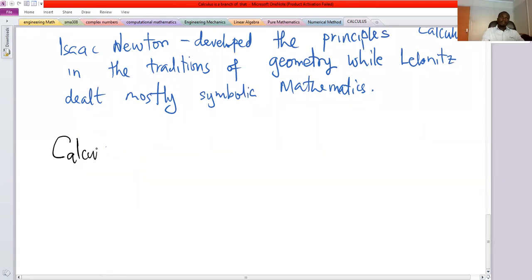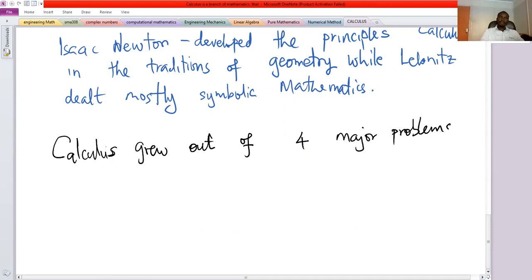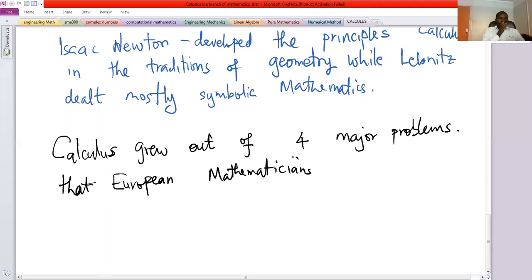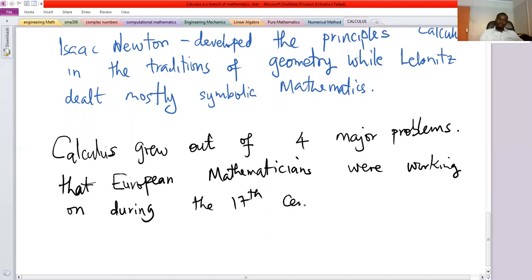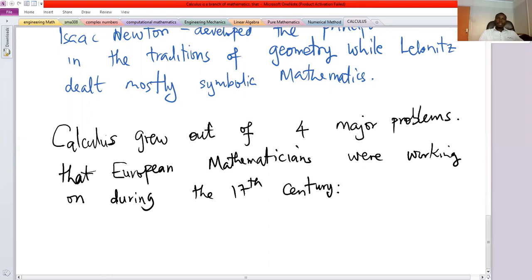Calculus grew out of four major problems that mathematicians were interested in. So these are the main four problems.